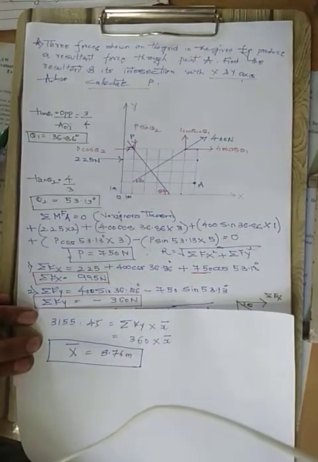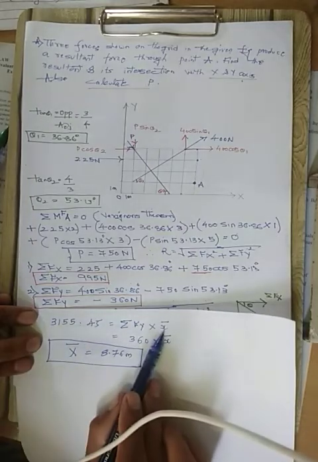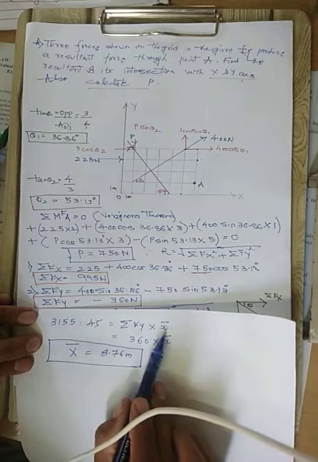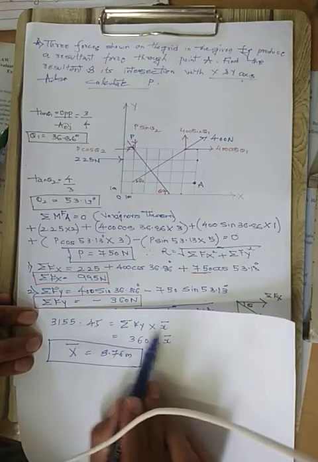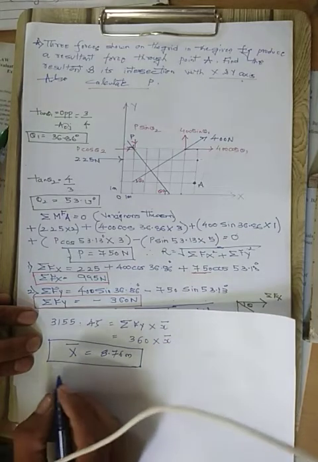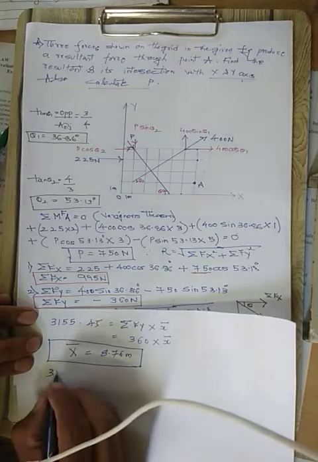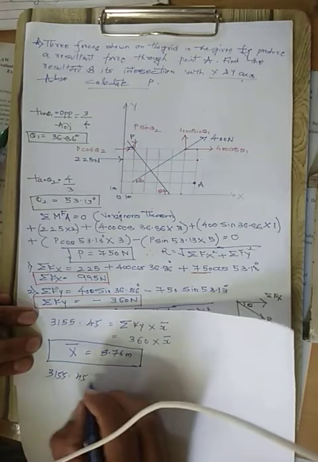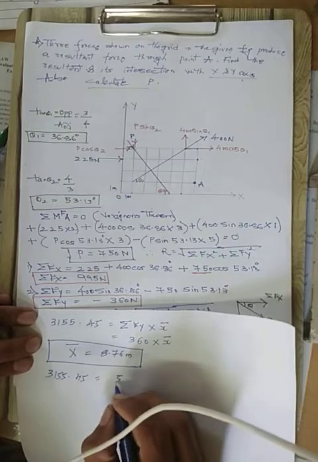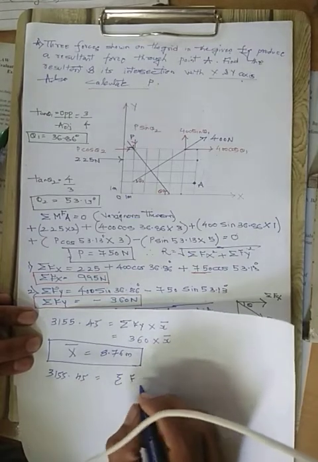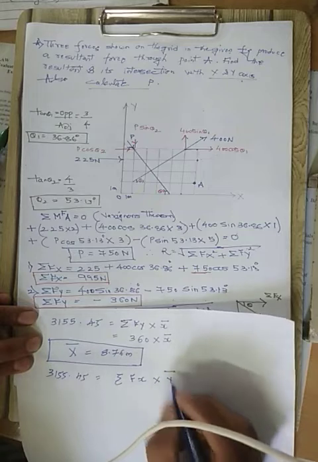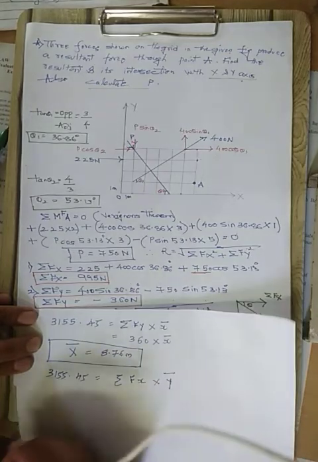Okay. In order to find the x bar, we have taken the summation of Fy into x. Same way for the y intercept. So the same value will be there, 3155.45. That is equal to the summation of Fx into y bar.